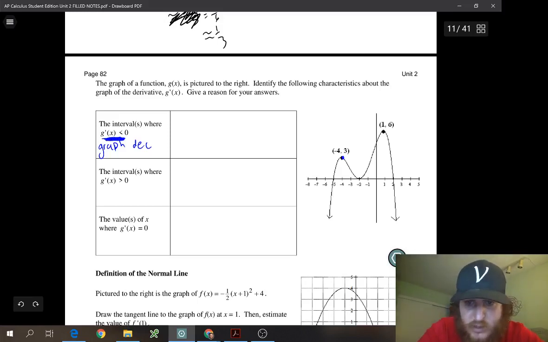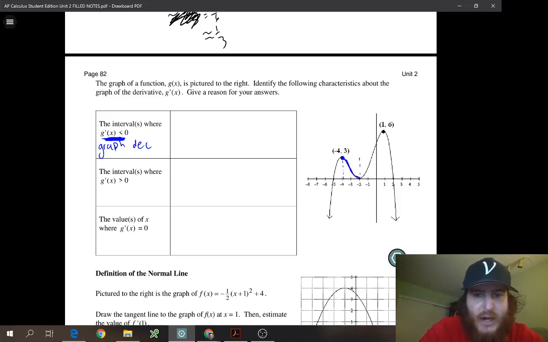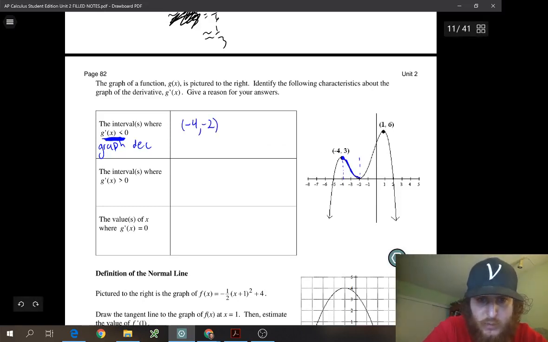It starts decreasing at -4, right? Because we're going along x, and it stops decreasing at -2, right? This section is where it's decreasing, or at least our first section. So we're going to use our x values. So it's decreasing from -4 to -2. But then there's another part where it decreases. It starts at 1, and it just keeps going forever, right?